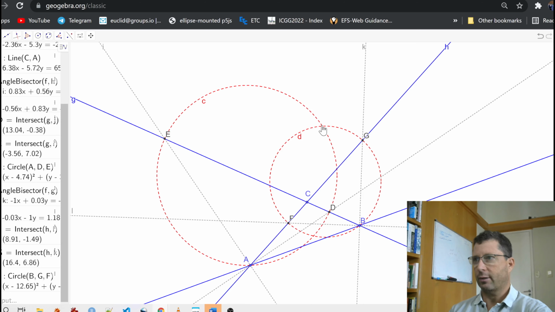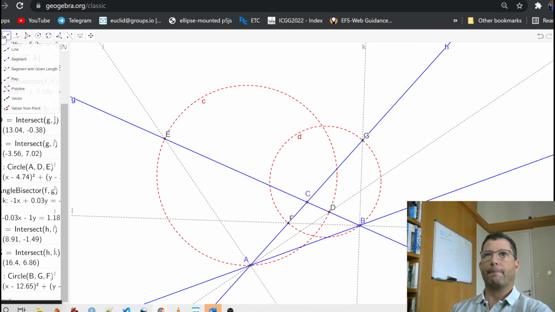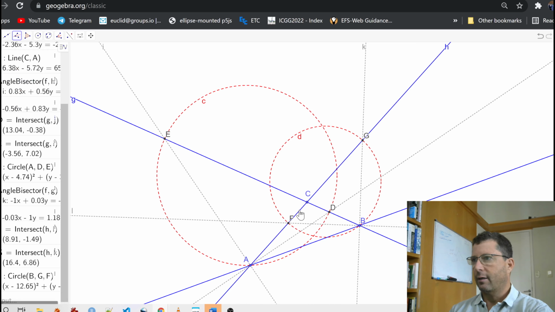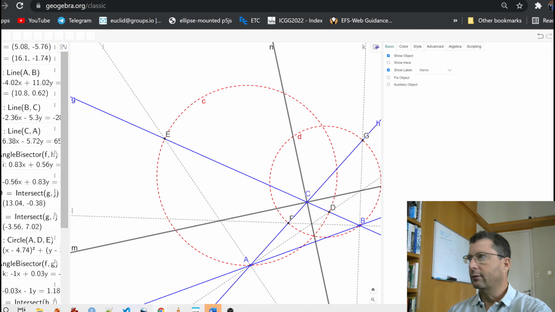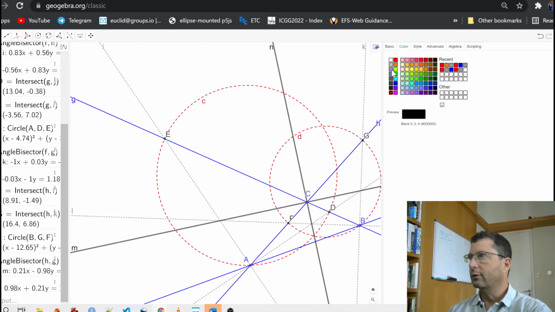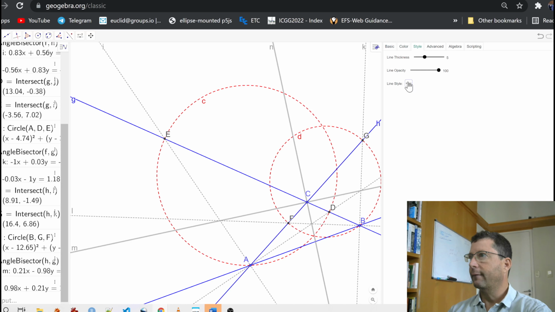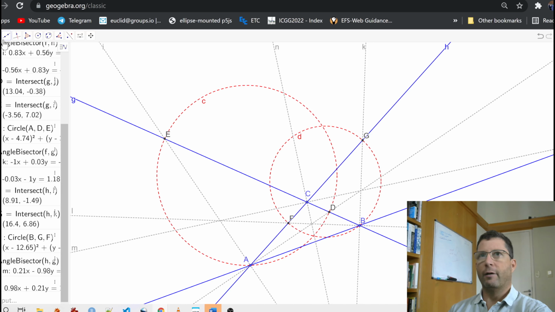So I'm going to again repeat the construction, angle bisector on the C vertex, change their colors so I know what they are, like so. Okay, and I'll find the intersection. So I'm going to do this intersection.